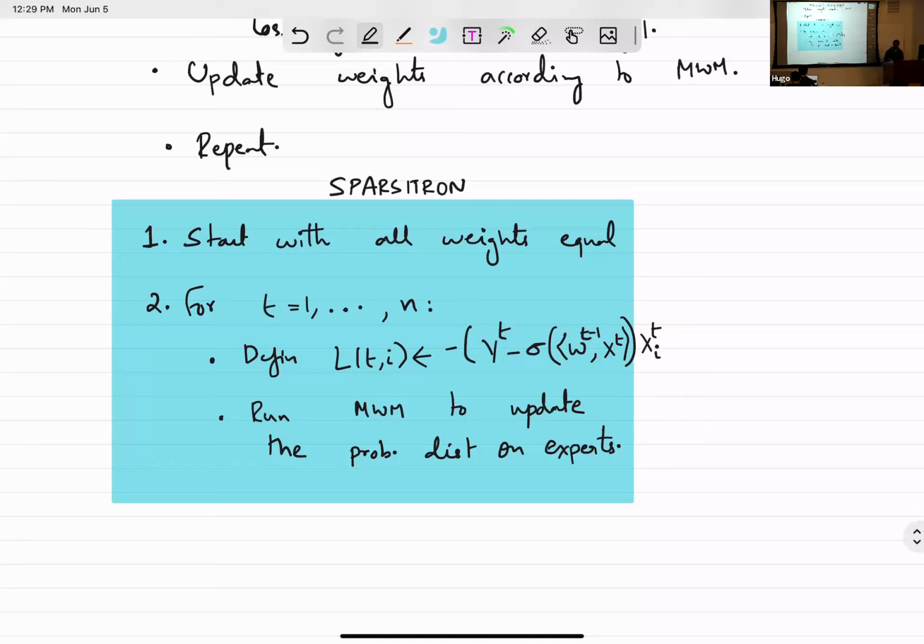Multiplicatively increase based on this loss and keep repeating this. Alright.